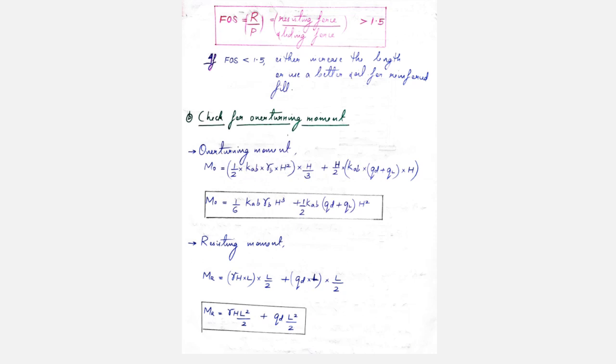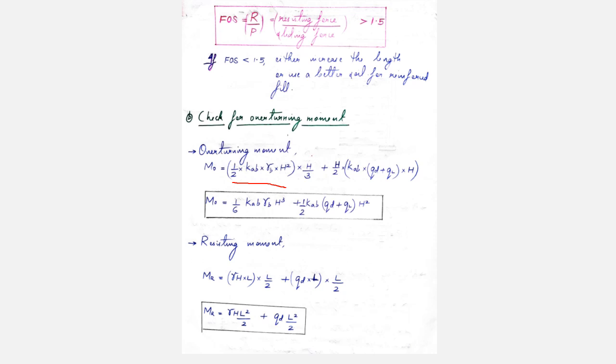If you want to calculate the moment, you just need to multiply that force with the distance at which it is acting from the base. For a triangle, half into KAB into gamma B into H square is the force exerted by the self weight of the backfill soil, which we had already calculated earlier.